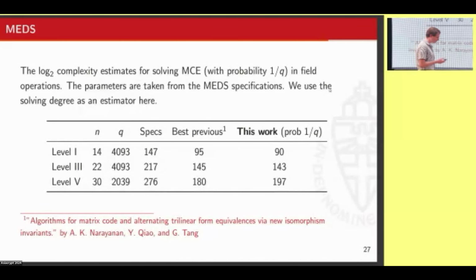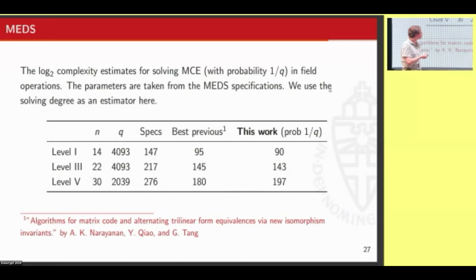And then let's take a look at the results finally. So this is for METS, and recall only with probability 1 over Q we can crack these. So this complexity only holds with 1 over Q. And the best previous was a graph walking algorithm, and we got these results, so they are somewhat close.